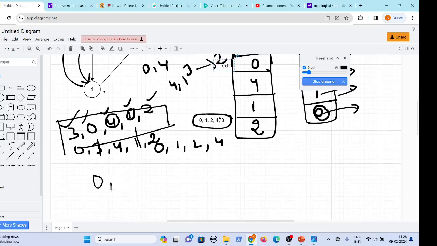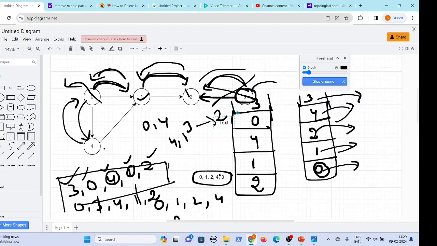I could put 3 somewhere like this, 0, 4, 1, 2. I could put 3 here also, something like this. And I could even add 3 at the fourth position, like we have seen for the first and second places. I could put 3 here as well. So multiple topological orders can exist for a graph. It need not be a single topological order.